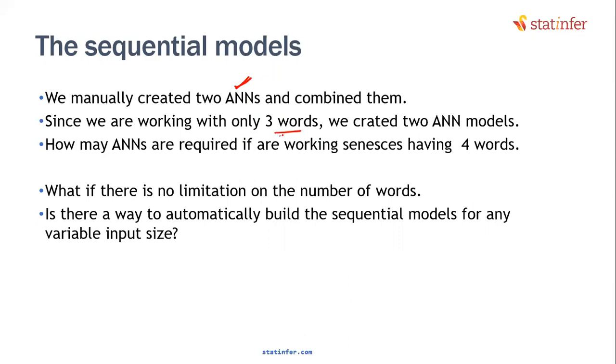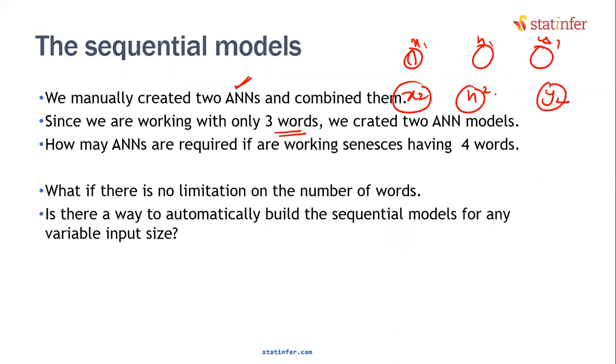Since we are working with three words, we created ANN1, that is X1, H1, Y1, then X2, H2, Y2. However, when predicting with this second ANN model, some partial output from the first is taken and appended to this one. This is known as the sequential ANN model. It works perfectly when you do it this way. This is the solution for our problem.